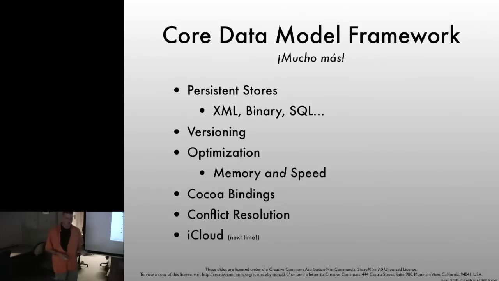There's a ton more to core data. This is just a really super brief overview of it. There's also documentation on the persistent stores that are underlying the persistent store manager. Essentially there's XML, a human readable-ish form of your data. There's strictly binary blob data, and there's actual SQL, building SQL databases out of the persistent store.